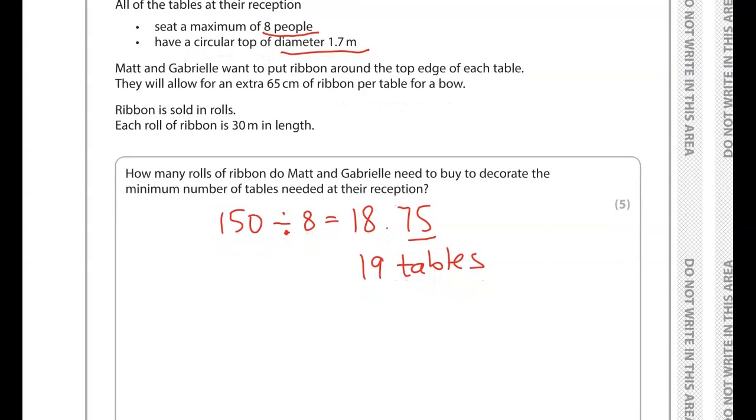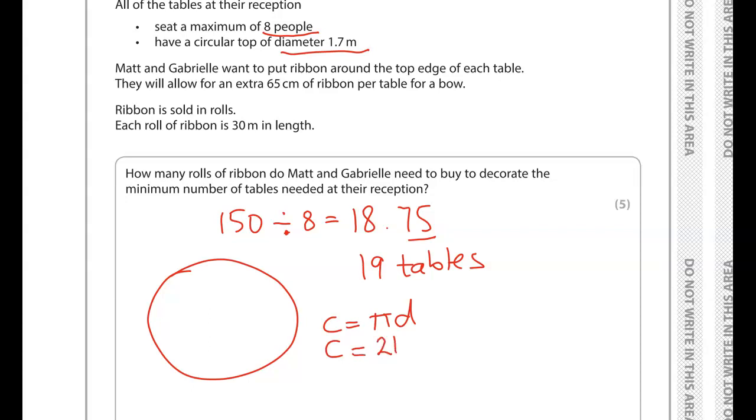Now, the diameter of the table is 1.7 meters, and we're going to put ribbon around, so we're talking about circumference. The formula for the circumference is pi times the diameter, or 2 pi r. I'm going to use this one.